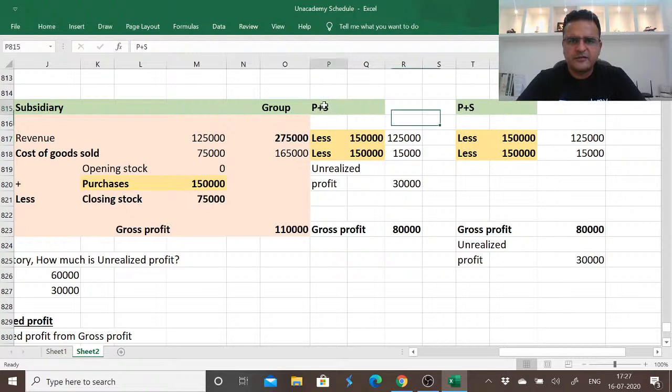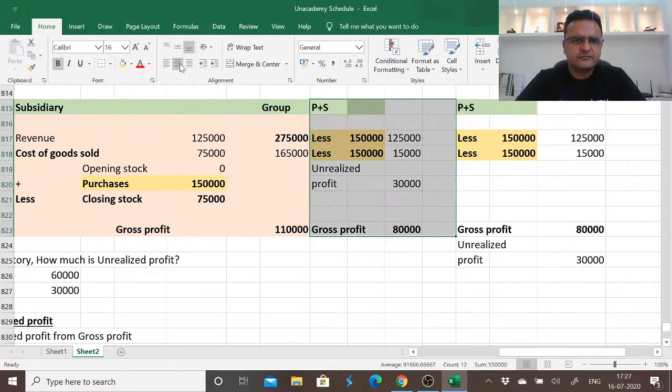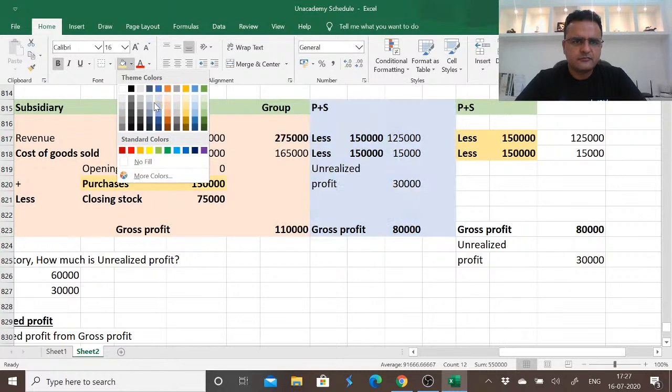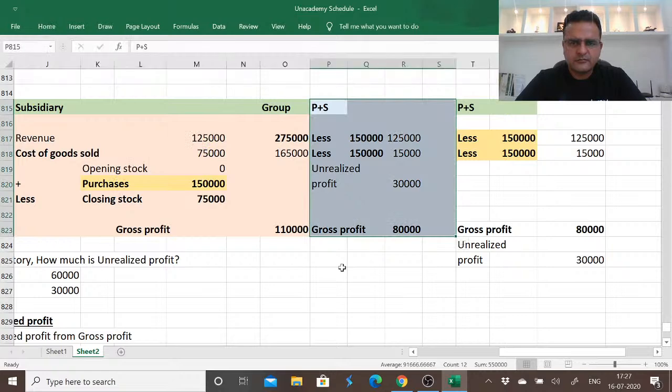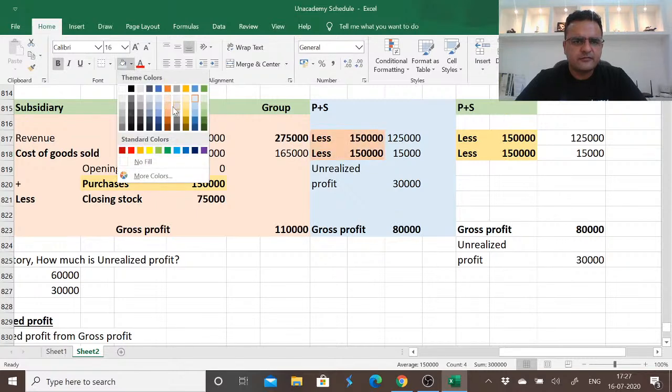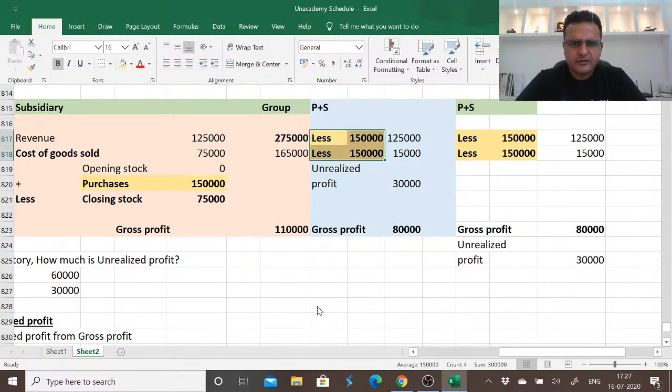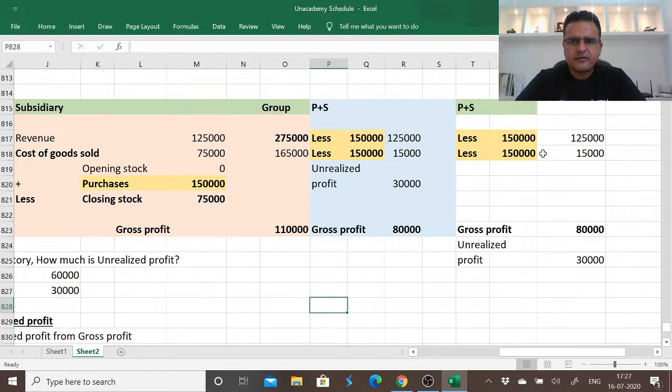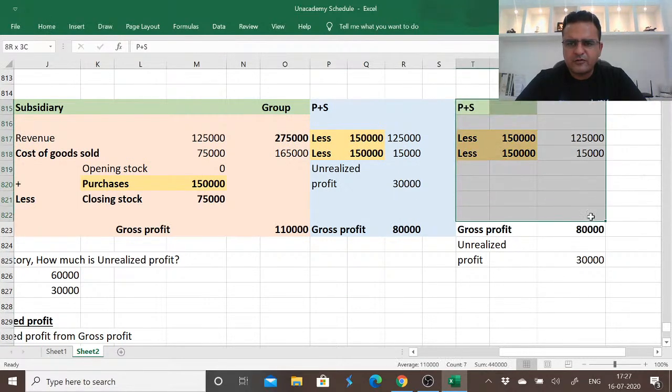This is actually treated. These figures are treated. These are the two treatments for intragroup transactions. This is an alternative way of doing it.